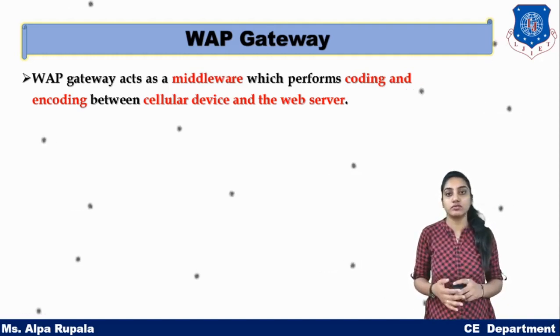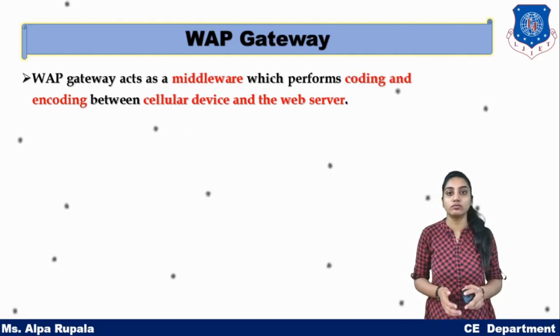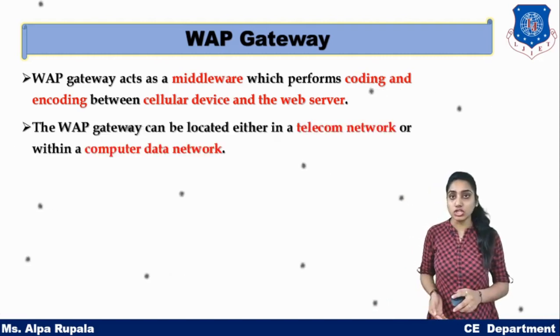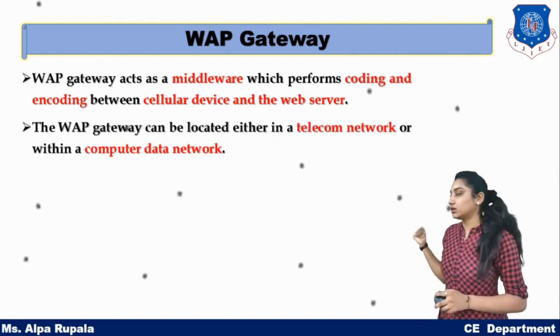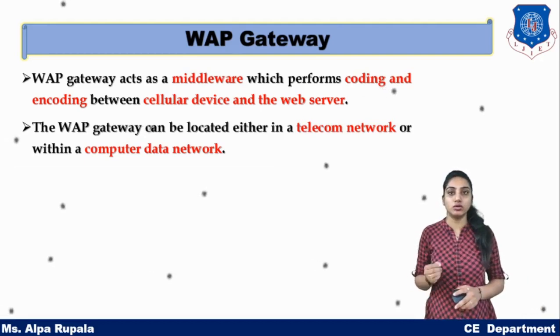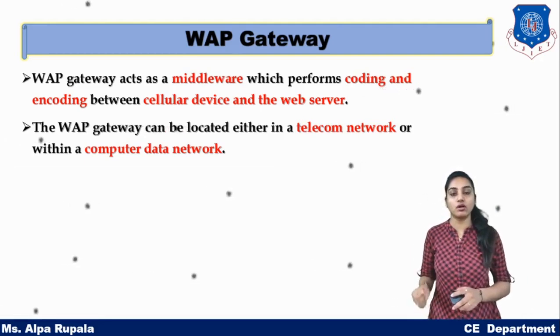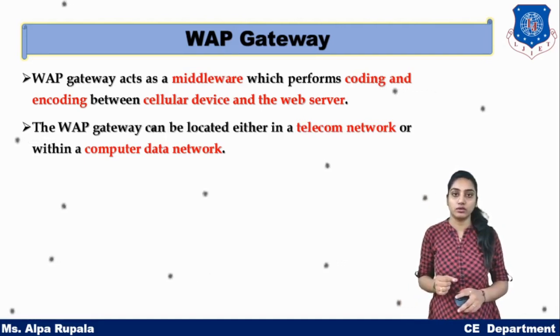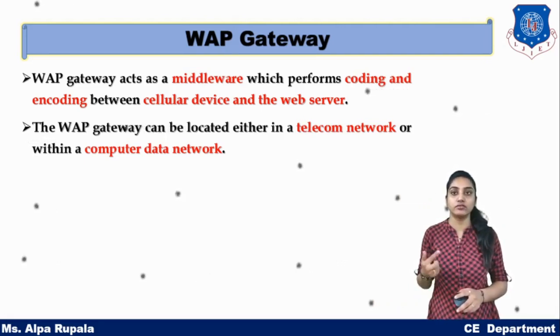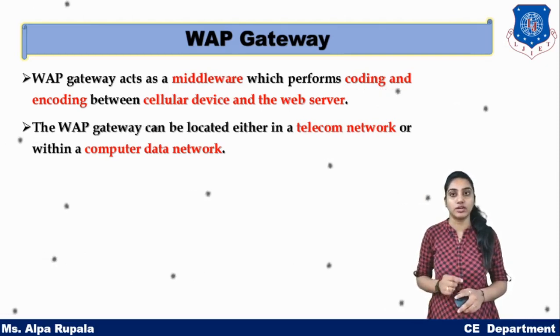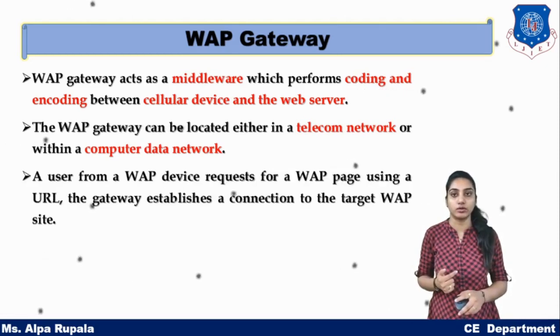Now it is the web browser's functionality to do the further task. The web gateway can be located either in a telephone network, a telecom network, or in a computer data network. We can have the functionality of the web gateway at two places, the telecom network or the computer data network.